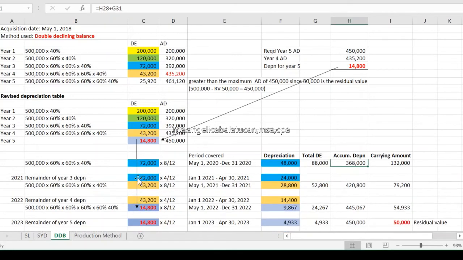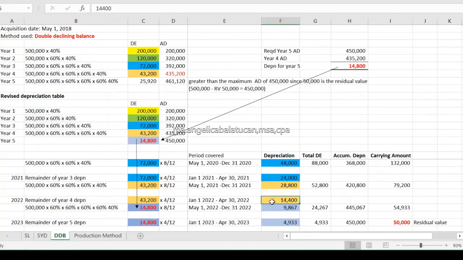Then proceed with 2021. So that's 24,000, and you have the year 4 depreciation 43,200 times 8 over 12, that's 28,800. So the total depreciation expense is 52,800. Then you have 2022, that's the remainder of the year 4 depreciation.